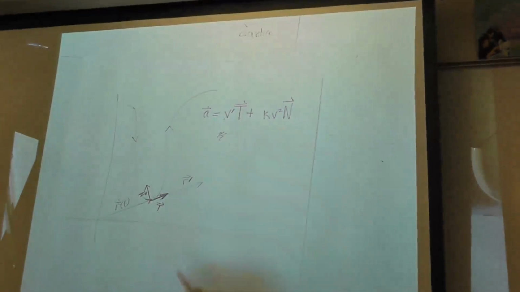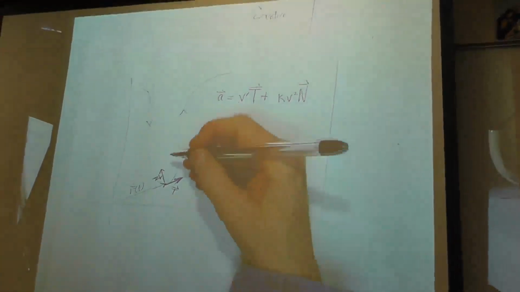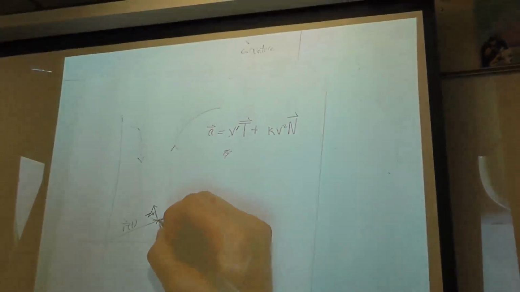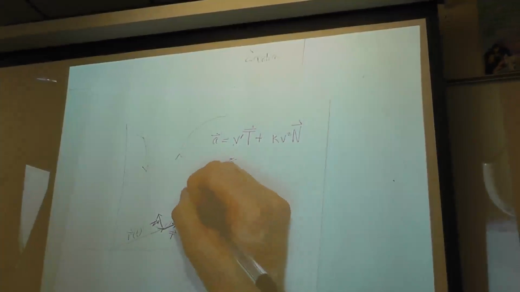If I'm telling you that I slow down, well, here, let me draw in a couple different vectors. So let me call this A1.